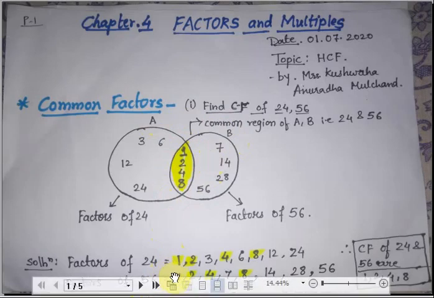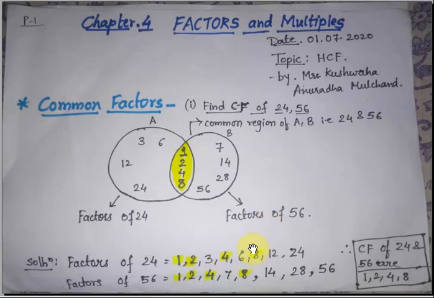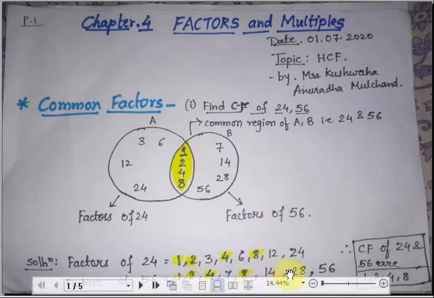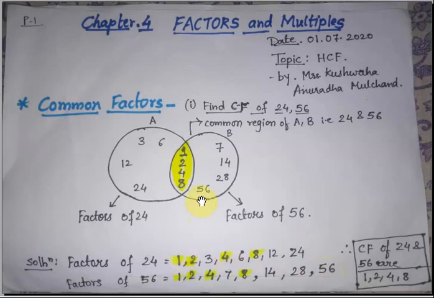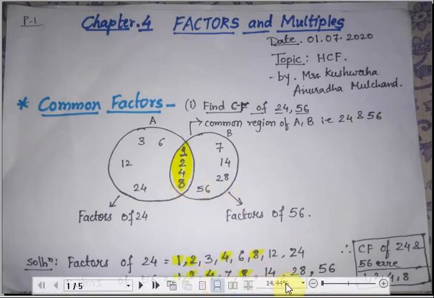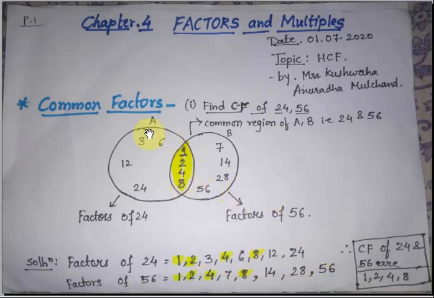The factors of 56 will be 1, 2, 4, 7, 8, 14, 28 and 56. These are the factors of 56. Now if we look, 1, 2, 4, 8 are present in the factors of 56, and in 24's series of factors 1, 2, 4, 8 are also present.